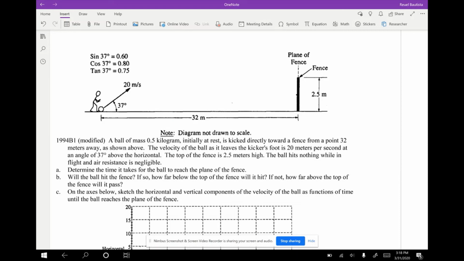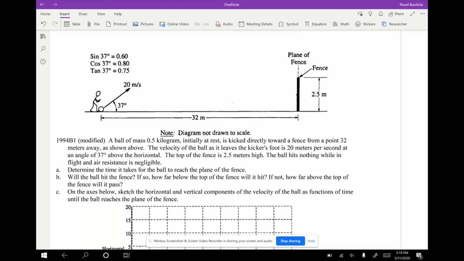This is very important. If you remember when we dealt with kinematics, what's the first thing that we do with vectors at an angle? Find its components. Good. We're going to have to find the vertical and the horizontal component of this vector.